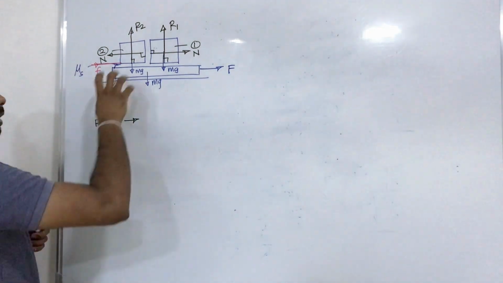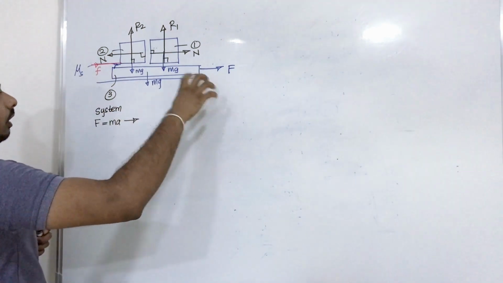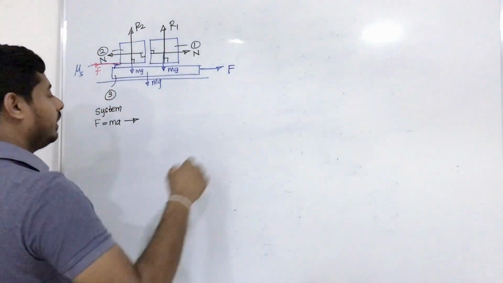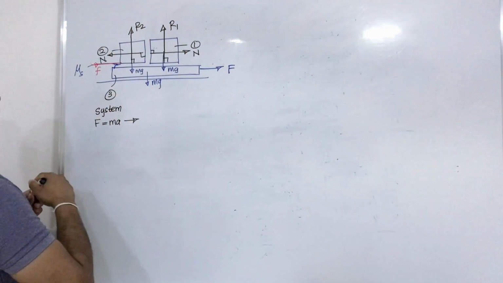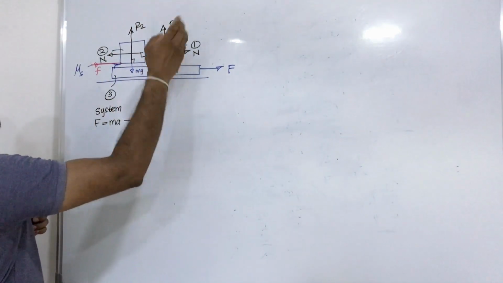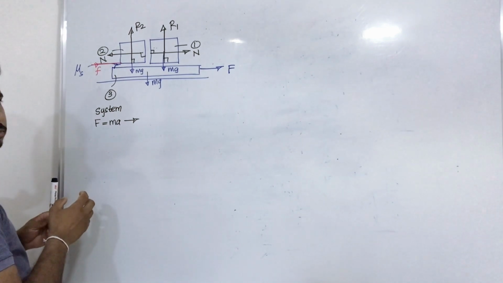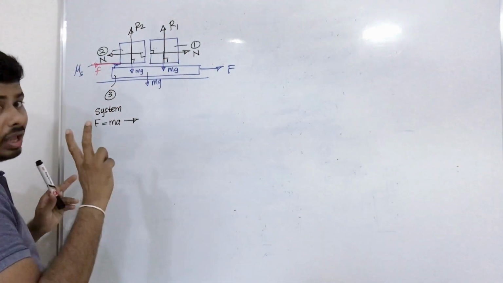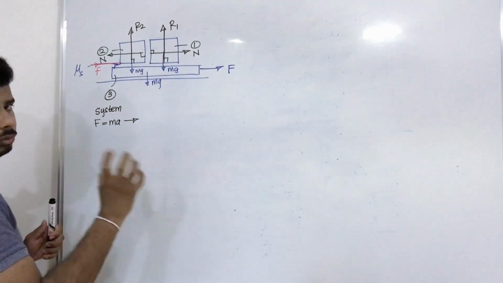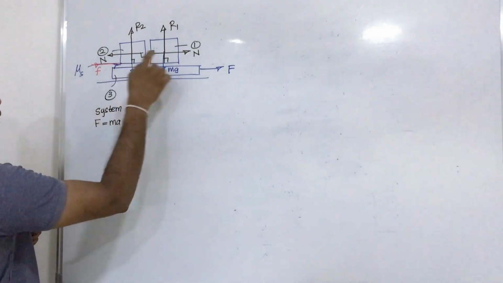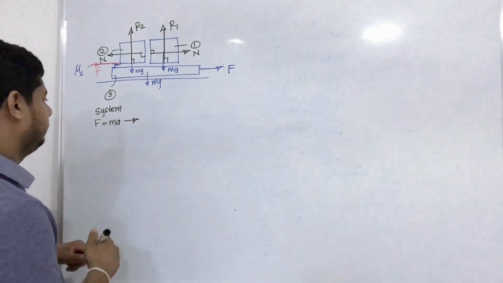So let's consider all the forces acting on the total system in the rightward direction. If you consider all the forces, you see these two forces will cancel out. So no effect from these two ends. So only this capital F will be the external force acting on this one. These two will become internal forces.